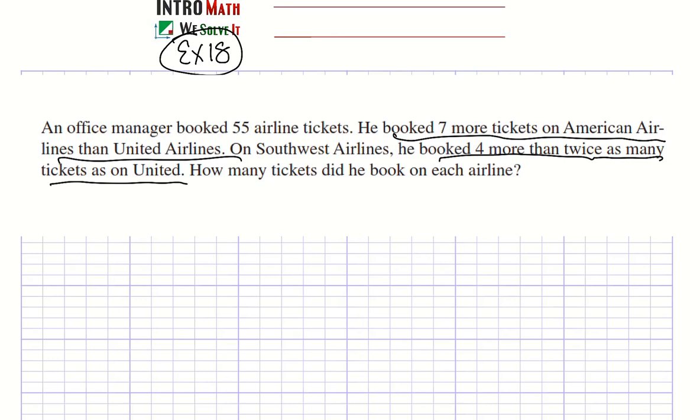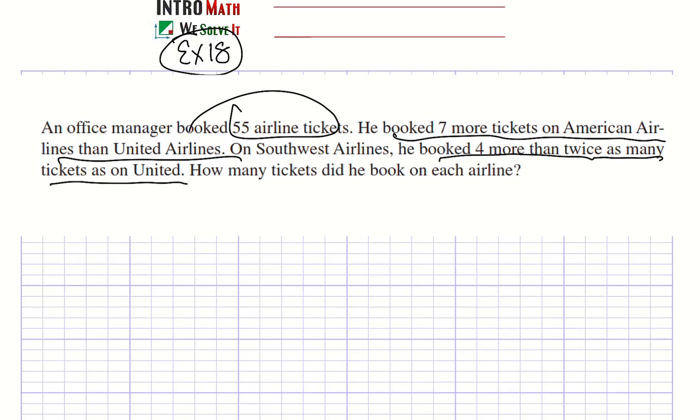There are 3 things going on, but I think this is still one variable, so you can't use 2 variables. There are 3 things being compared. One is the total he booked, 55 airline tickets. They say he booked 7 more on American Airlines than United.